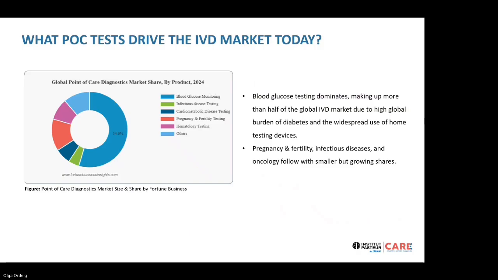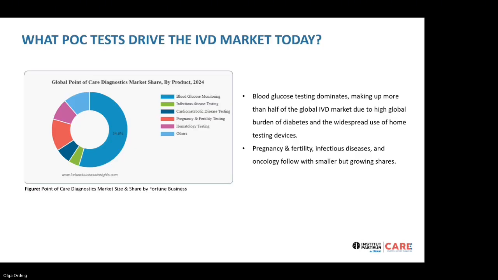And from the point of care, which do you think is the system that is most used or most sold? It is blood glucose measurements, blood glucose strips. And it has more than 50% of the market.